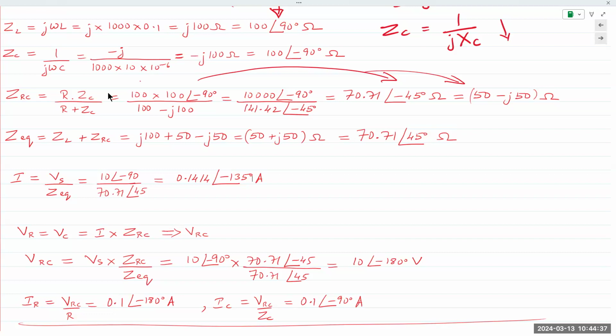Sure. The impedance triangle for ZEQ. Let's take a look at just the resistor first. The resistor is given as 100 ohms. In polar form, it is 100 with a phase angle of 0 degrees.